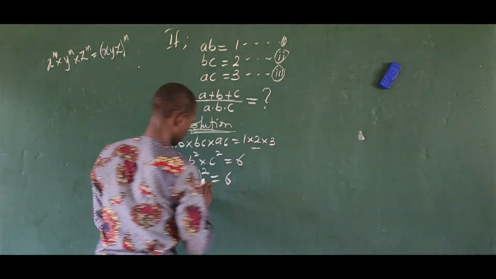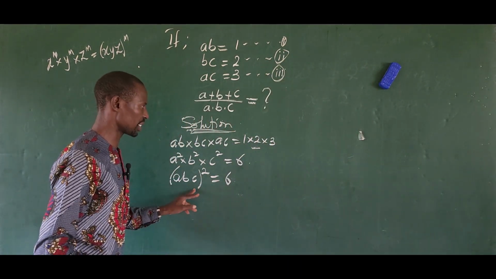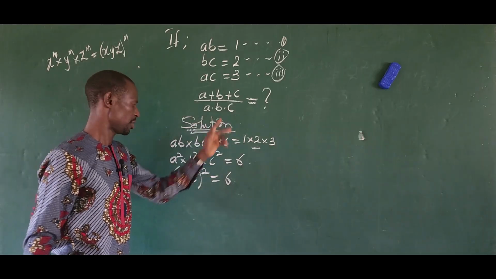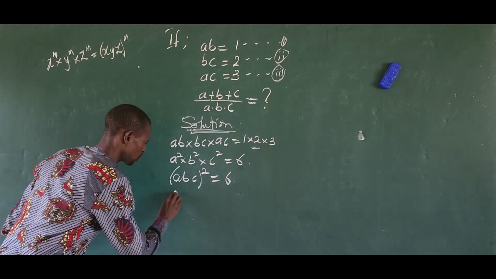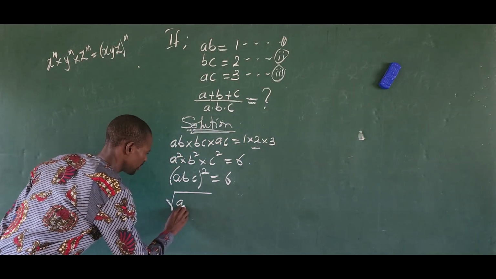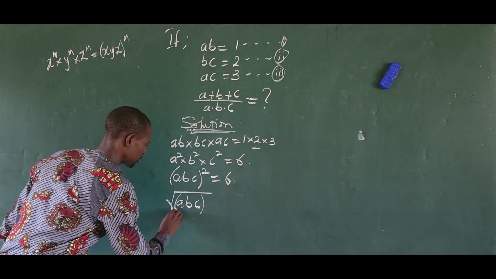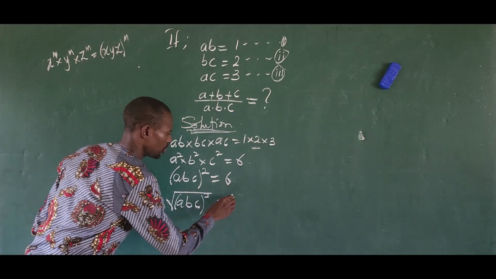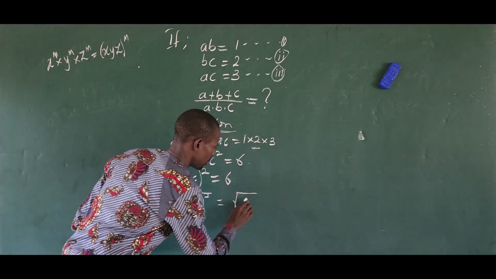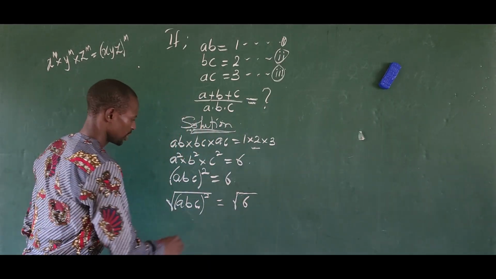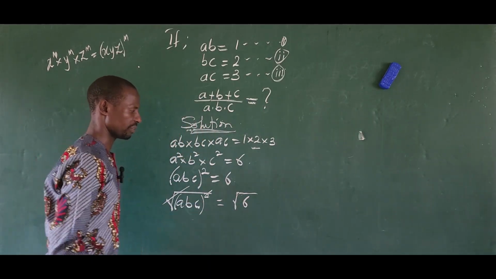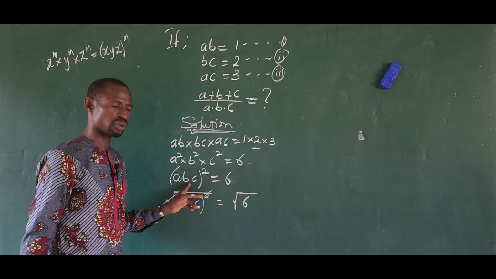Okay, so from here, we're looking for ABC, which is what we have here. So all we just need to do is to take the square root of both sides. So we have ABC all raised to the power of 2 equal to the square root of our 6. But in taking this square root, what happens?